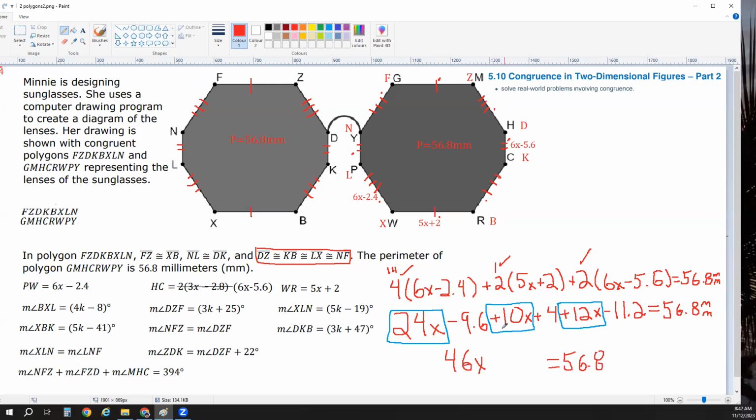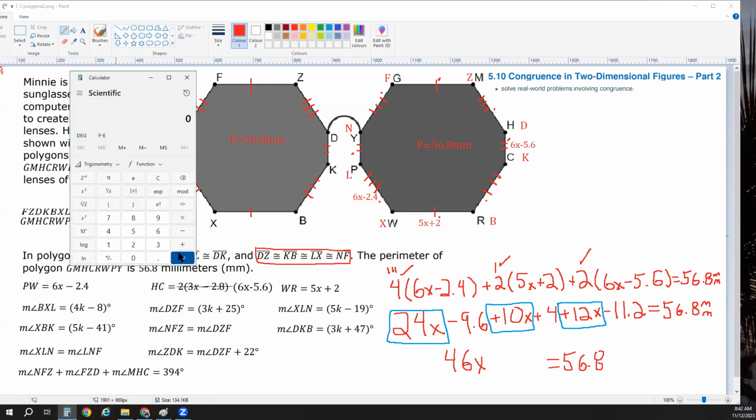All right, now we got to add up our negatives. I'm going to start with -6. That's my starting point. So -6. How do I do negative on this thing? Well, there it is. 9.6, make it negative.